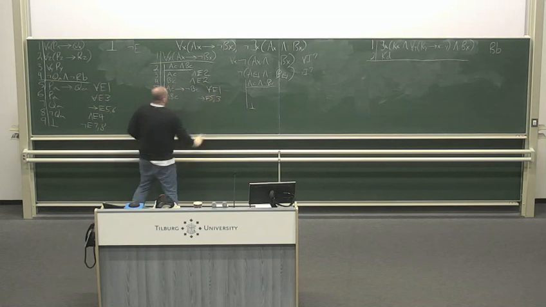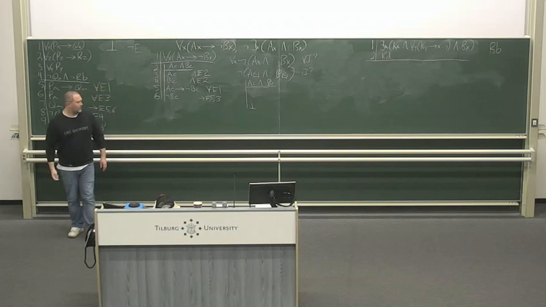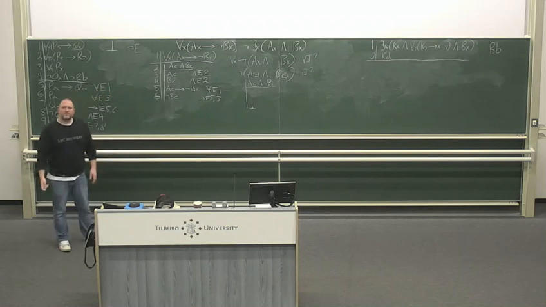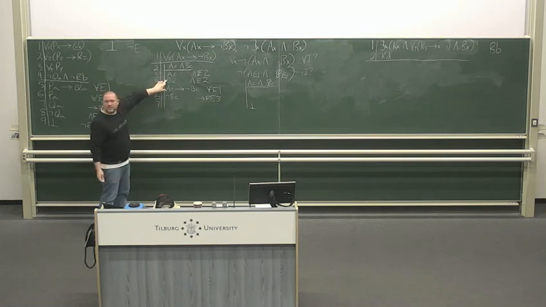Now what can we do? What's set up at line 7? We can get our contradiction, because we have a sentence and its negation.